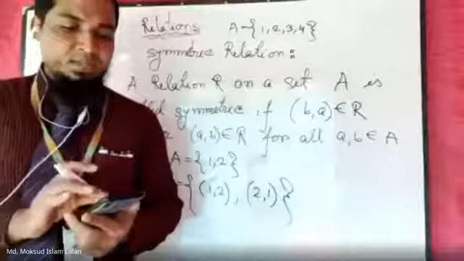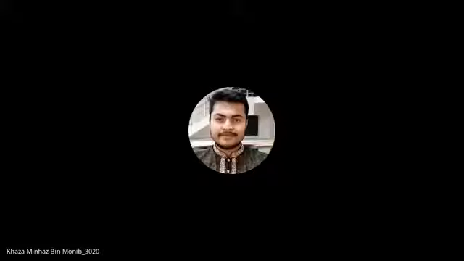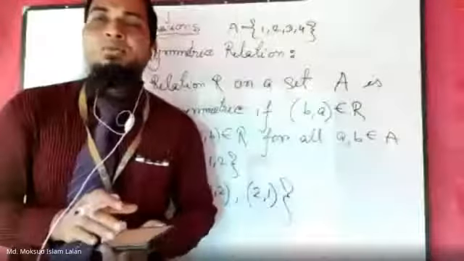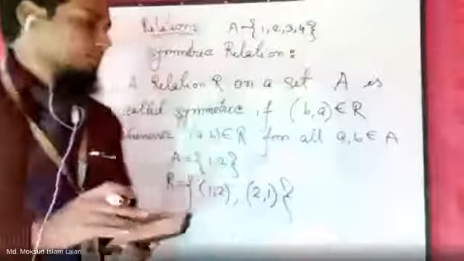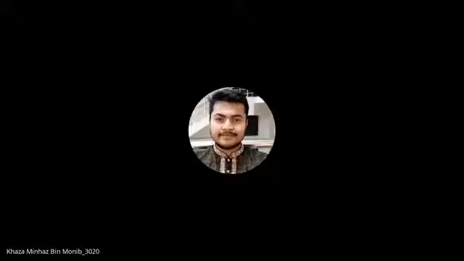Can you say, gentlemen? Sir, R2. Very good. So why are you telling R2 is symmetric? Because (1, 2) and then (2, 1). Very good.